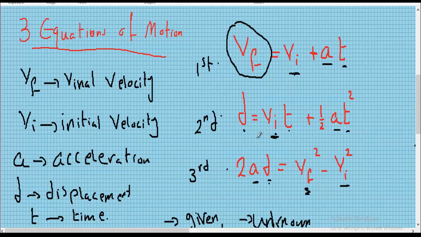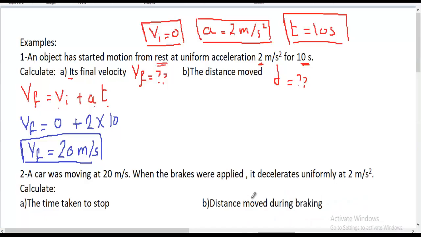But it's easier to use the second equation, which is d equals vit plus half at squared. So by using the second equation, d equals vit plus half at squared.